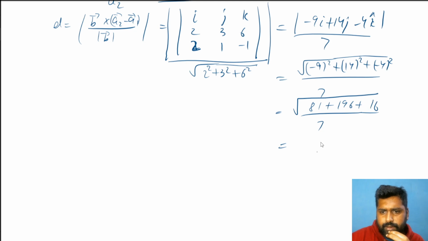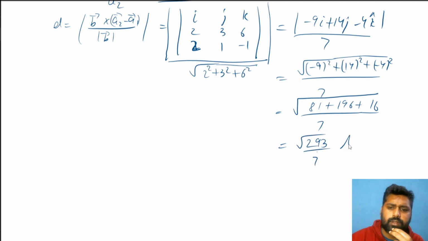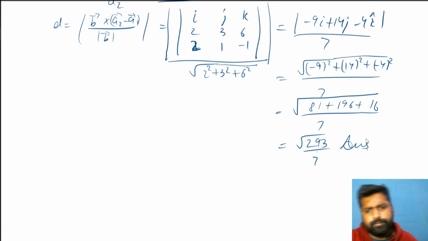Adding up, 81 plus 196 plus 16 is 293, root 293 by 7. All right, that's your answer.